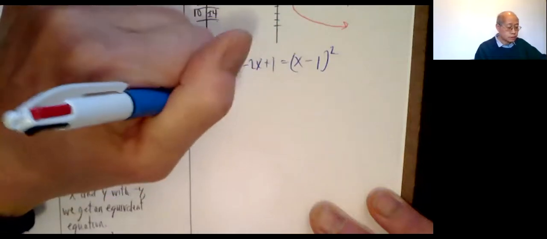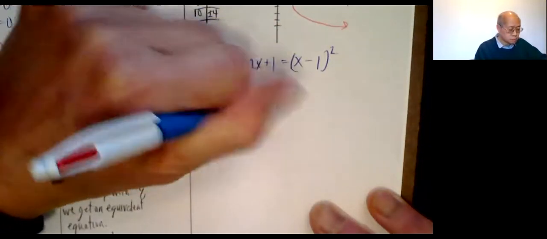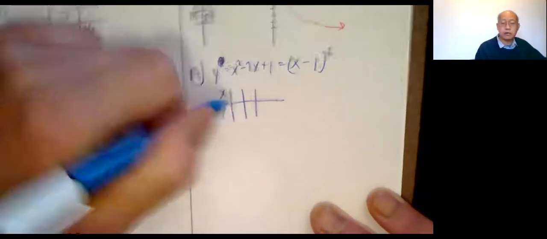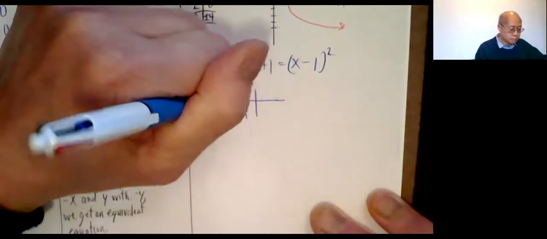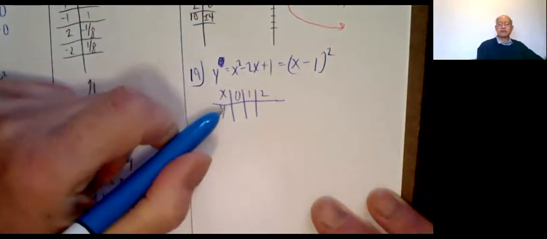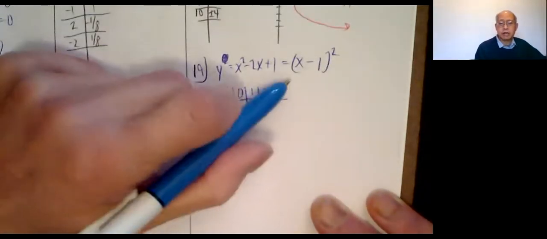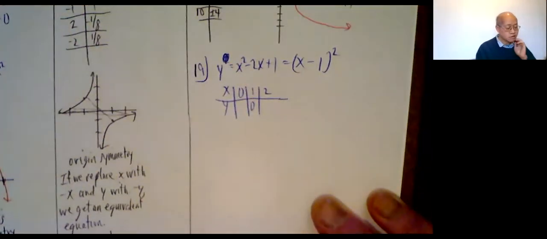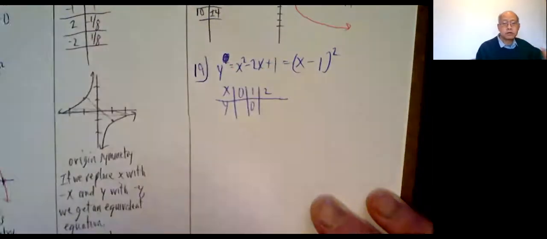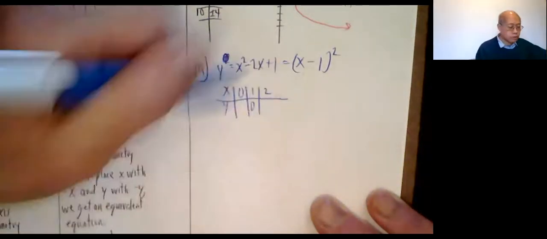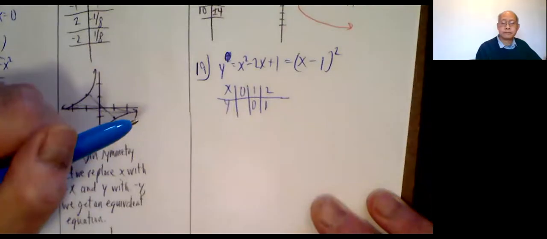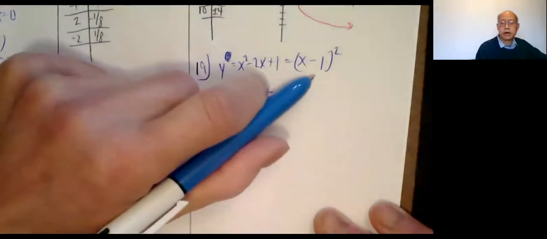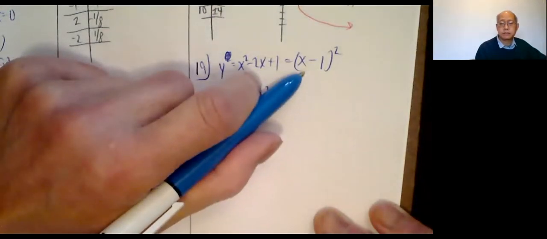Okay, so I make a little mini table. I know it's a parabola opening up. I'll just pick 3 very nice numbers. If I plug in 1, 0. I plug in 2. 2 minus 1 is 1. 1 squared is 1. Plug in 0. 0 minus 1 is negative 1. But you're squaring it.